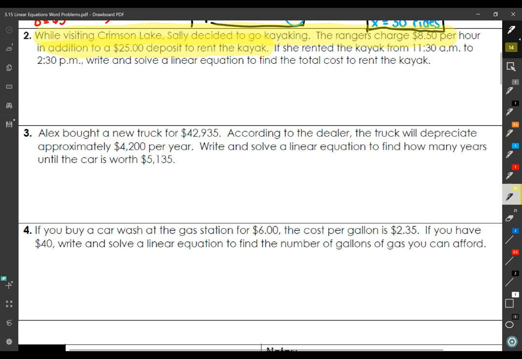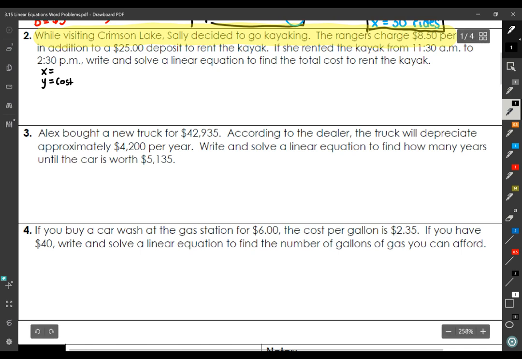Let's create that equation. First of all, let's figure out what our two variables are. What is x and what is y? Again, we know we want to find the total cost. So cost is our dependent variable.